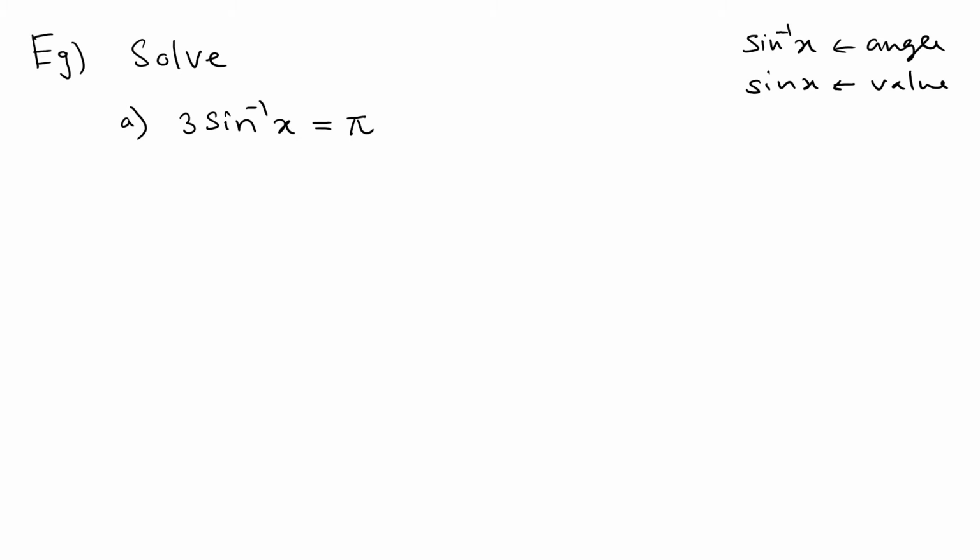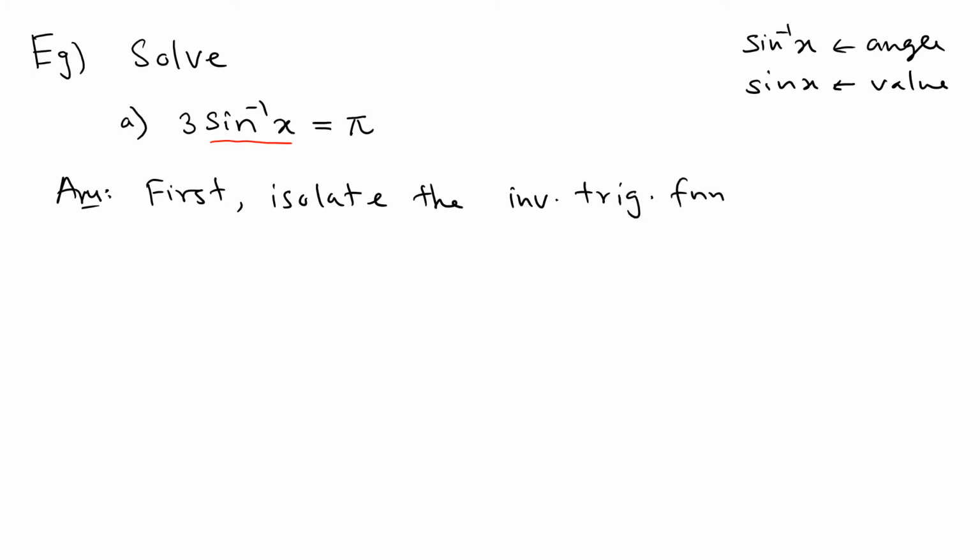So for this problem, as we talked about earlier, we can isolate the inverse trig term. So we can write first, we can isolate the inverse trig function, in this case sine inverse x.